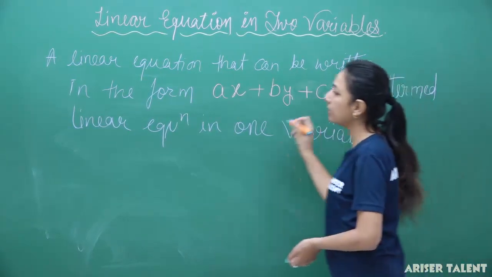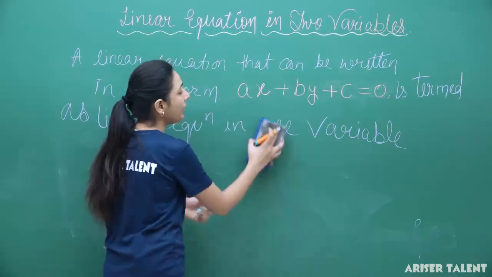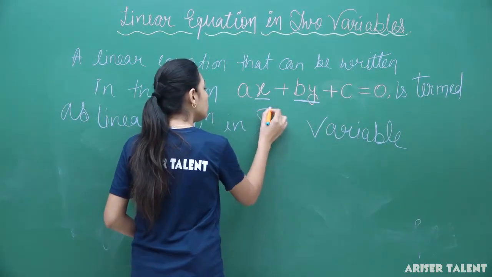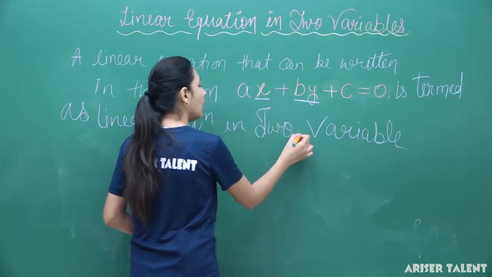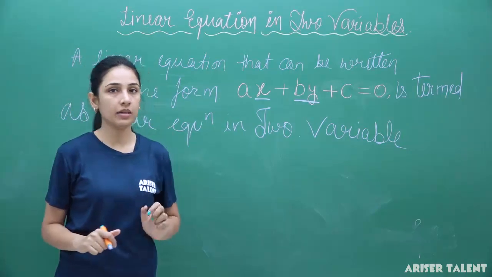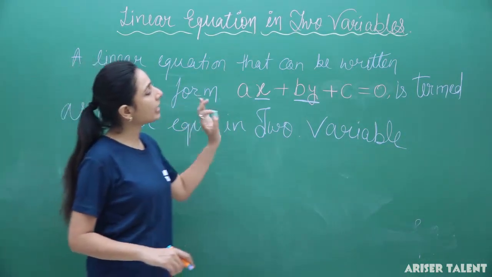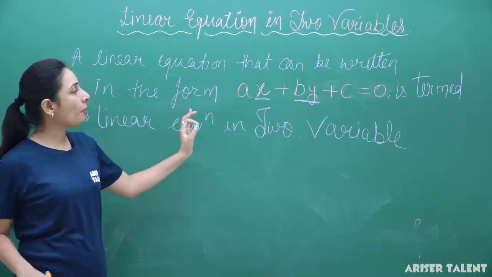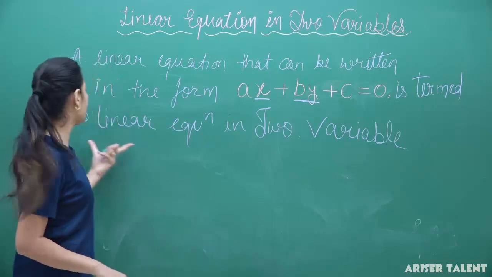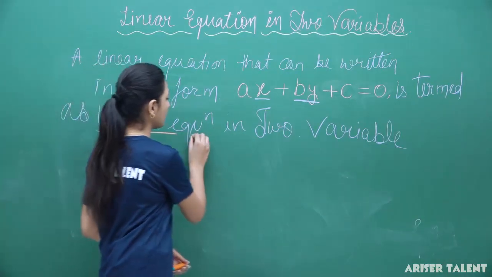Is termed as linear equation. Now in how many variables, student? Look here, x and y. So 2 variables. Understood the concept of one variable? We are having only single variable as an x. Okay. Now here a linear equation that can be written in the form ax plus by plus c is termed as what? Linear equation in 2 variables.